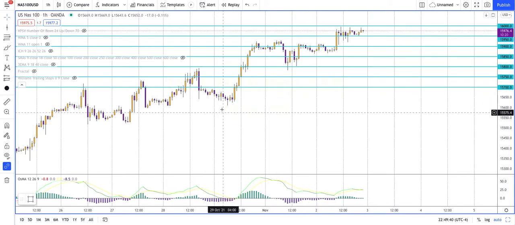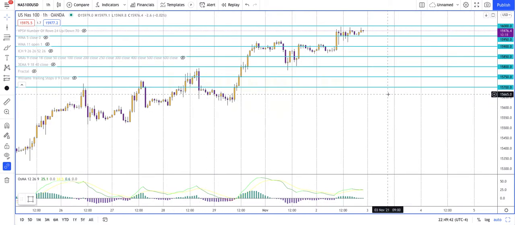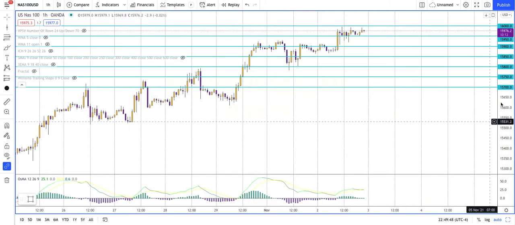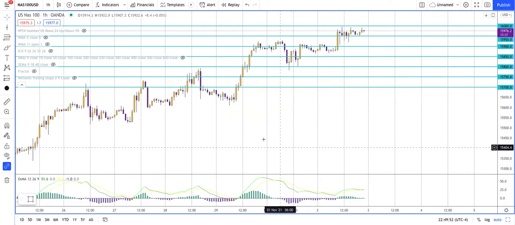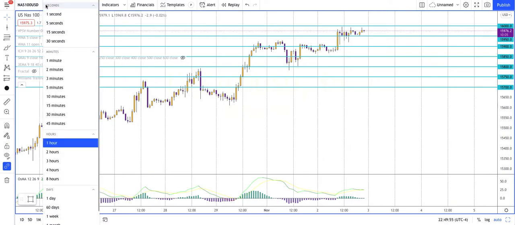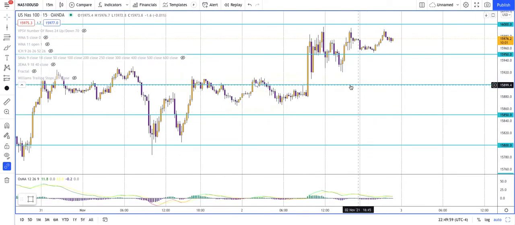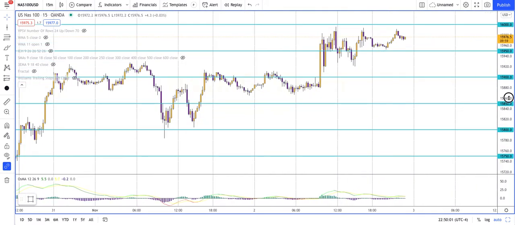All right. So this is a 1 hour chart. And so what I want to do is break this down and go to how I usually set my screen up after I put my levels in. So what I like to do is go down to the 15-minute chart just to take a look at what's going on. All right.